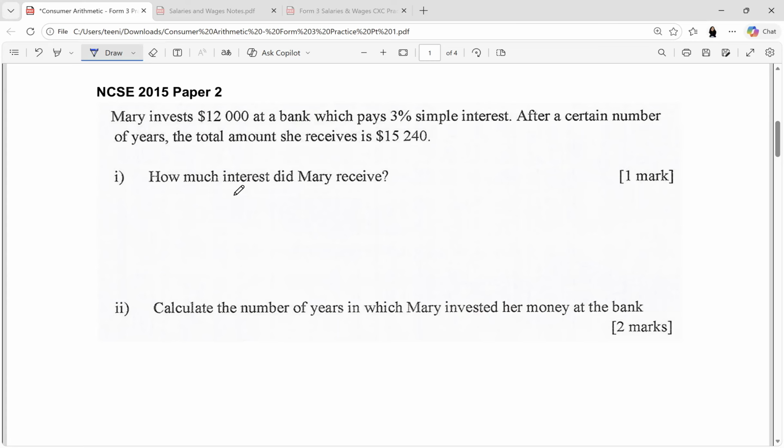Matthias, do you know how we would find the interest that she got? If this is the total amount of money she received, she received 15,240 and she only invested 12,000, then can you calculate the interest from those two pieces of information?